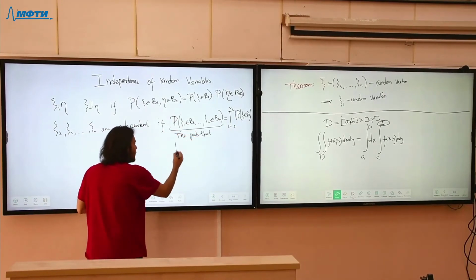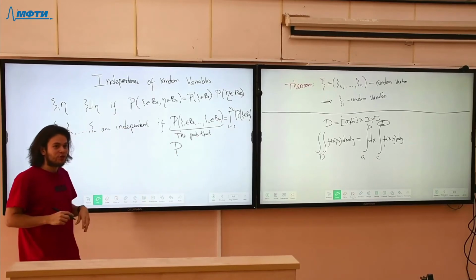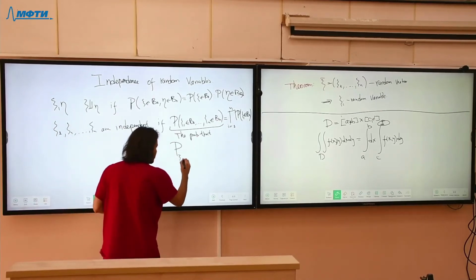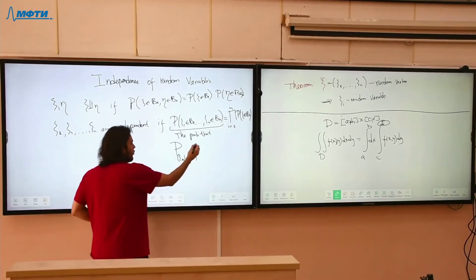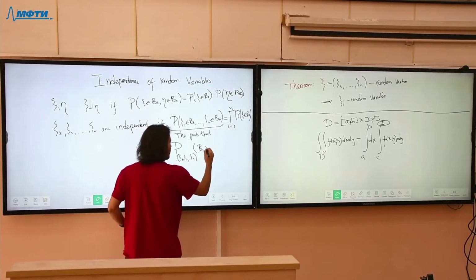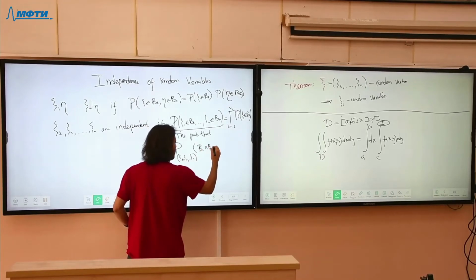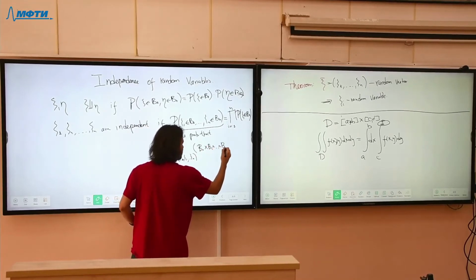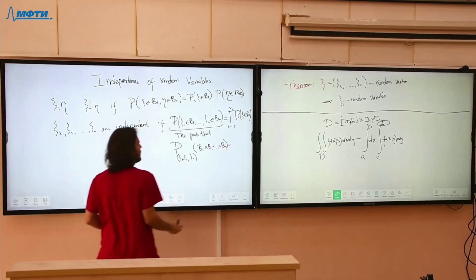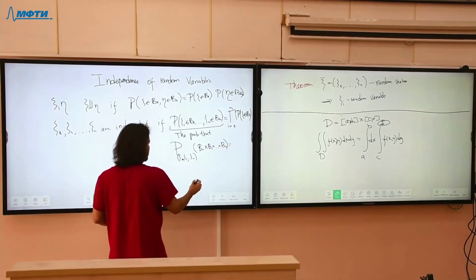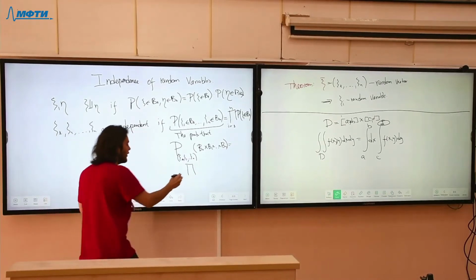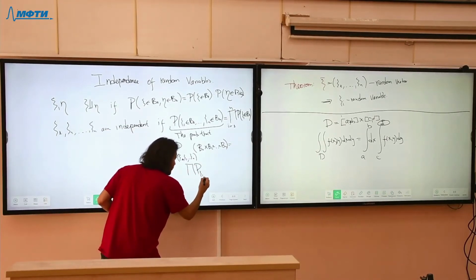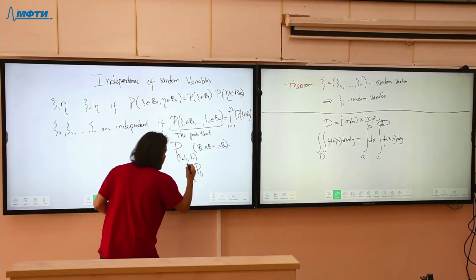So the probability distribution of this vector on this set is equal to the product of the probability distribution of each of them, from 1 to n.